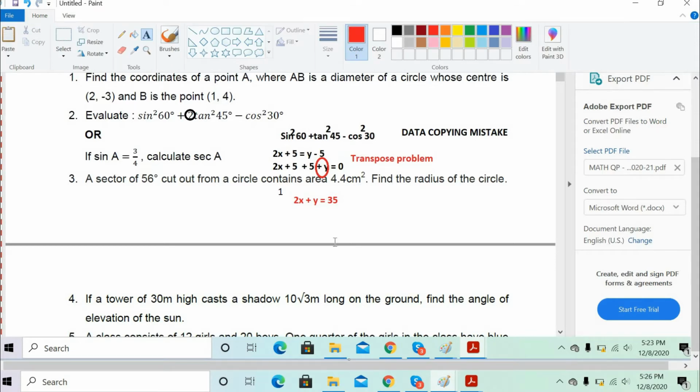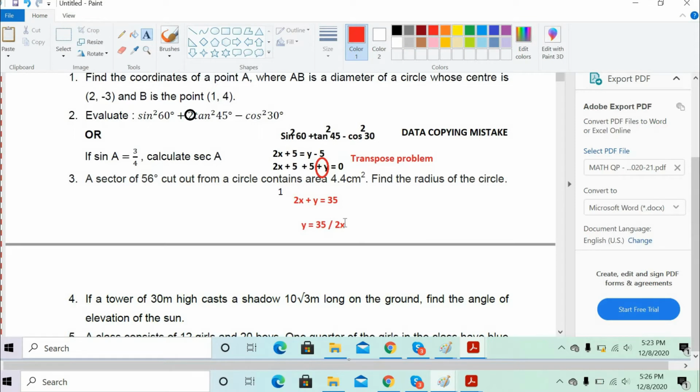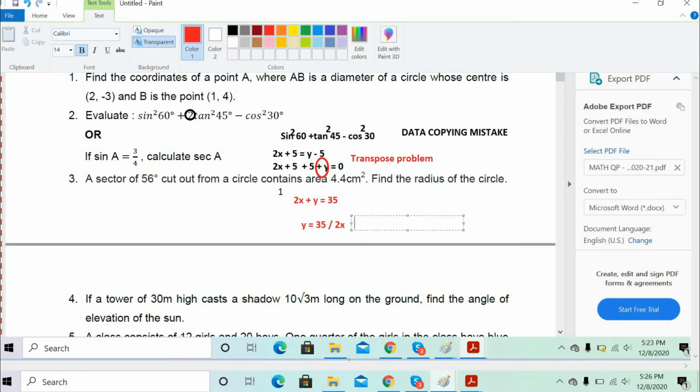Now if I want to find the value of y, some people by mistake write y equals 35 by 2x. This is again the transpose problem.